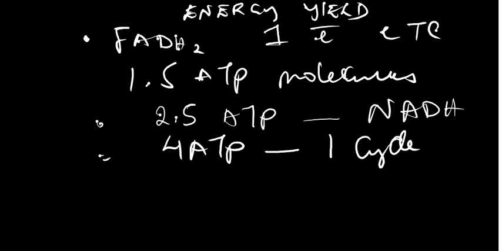So even from this you can tell that there's a difference. That's why we said fatty acid oxidation yields about twice the number of ATP molecules yielded when glucose is broken down, because in glycolysis we only have a total of 2 ATP molecules formed at the end of the day, but for beta oxidation there are 4 ATP molecules formed in contrast.